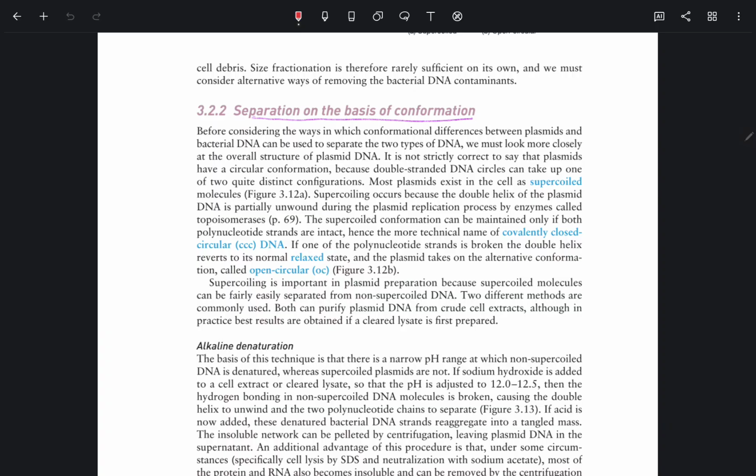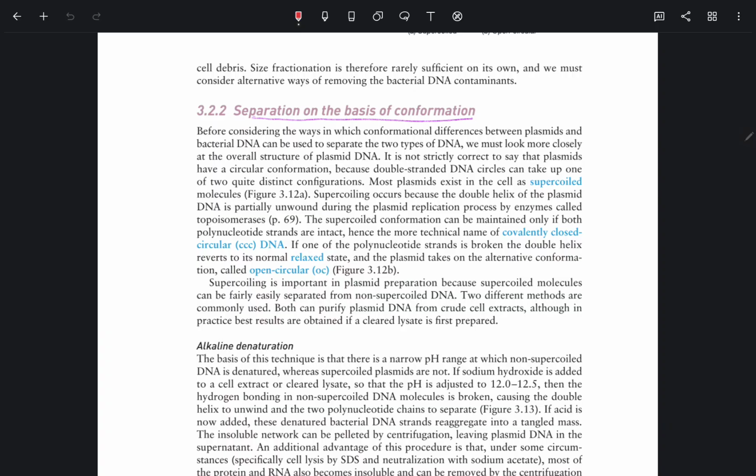Supercoiling occurs because the double helix of the plasmid DNA is partially unwound during the plasmid replication process by an enzyme called topoisomerases. The supercoiled conformation can be maintained only if both polynucleotide strands are intact.